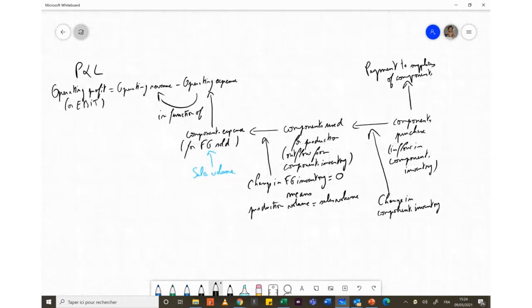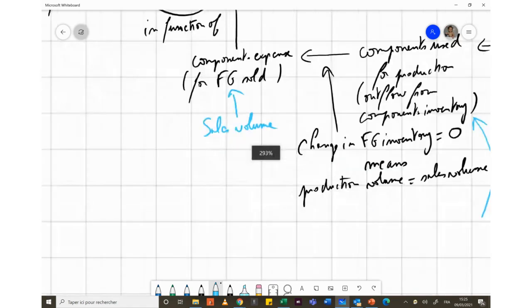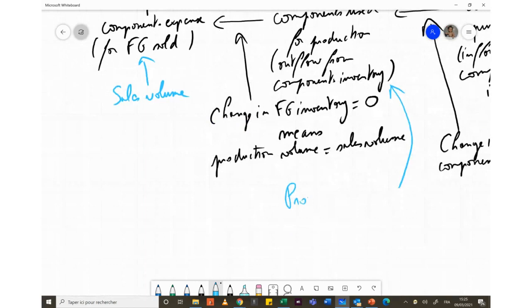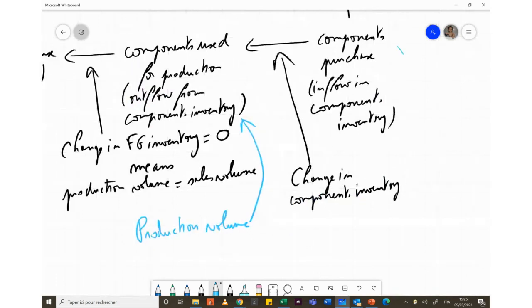If we start from the P&L, we have something in function of the sales volume, but what we want is in function of the production volume. So here, it's in function of the production volume. After, what we want is something in function of the purchase volume. And at the end, what we want is a cash outflow.